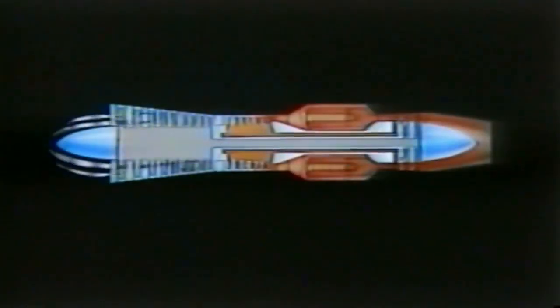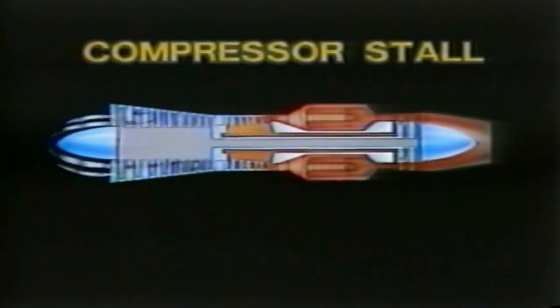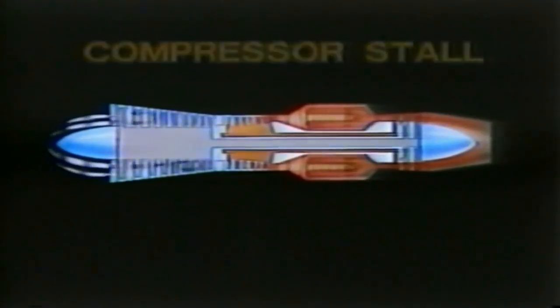Air no longer flows back through the compressor as it should. In fact, the air does a complete turnaround. While the condition exists, the normally higher pressure at the rear of the compressor causes the air to actually flow forward. It can happen to one blade or many, to one stage or several stages, to one compressor or both.